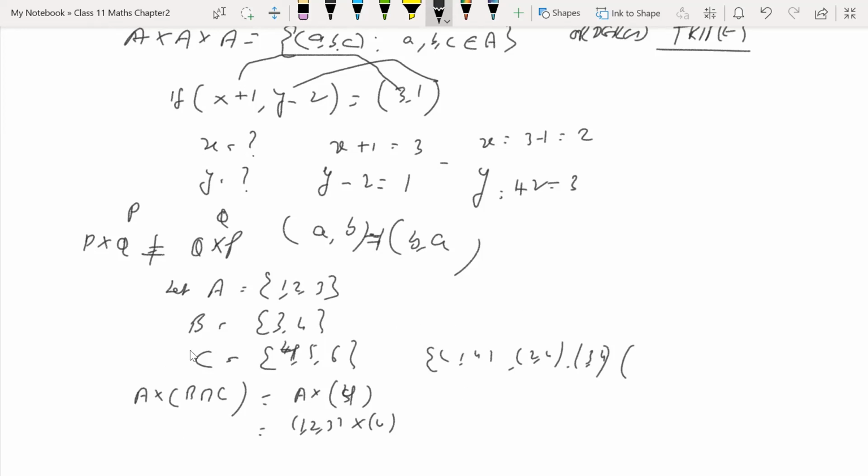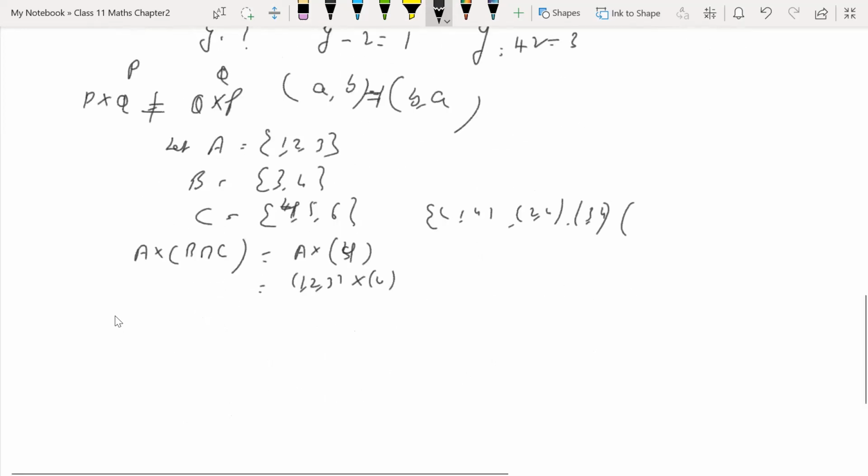Now the fourth part. What would be A cross B union A cross C?